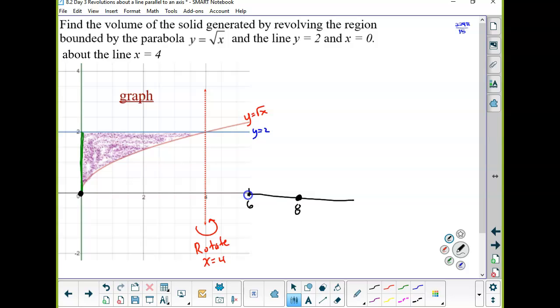And then I know I'll go over 8 up 2, and that will give me this point here. And then the other intersection point lies on the rotation. So it should look like that. Definitely not drawn to scale nor accurate, but it doesn't matter.